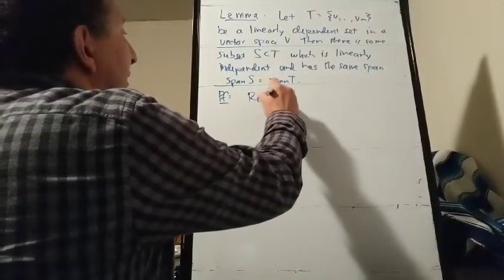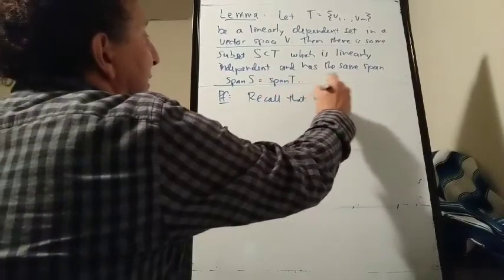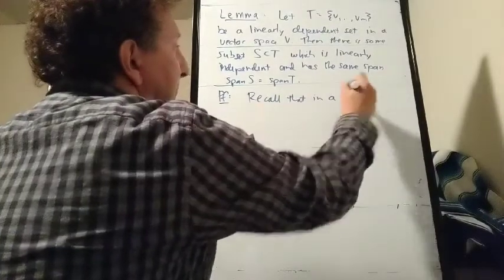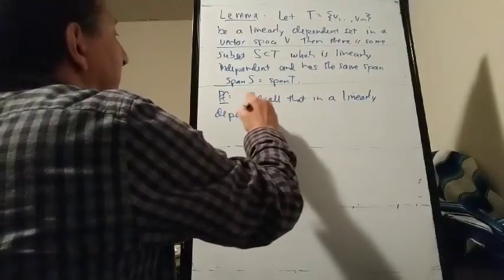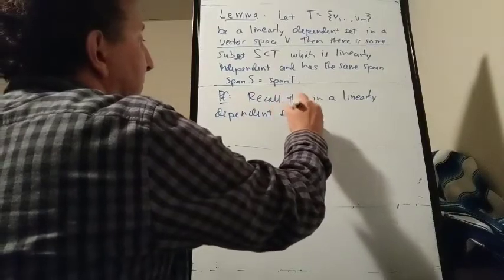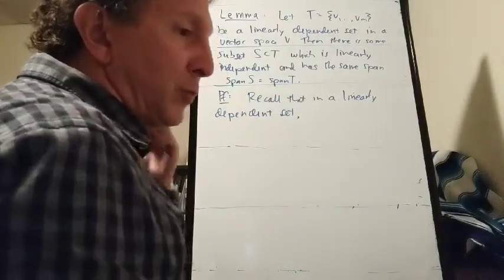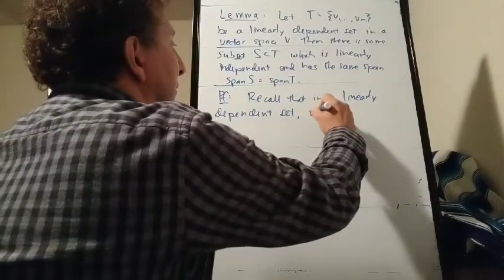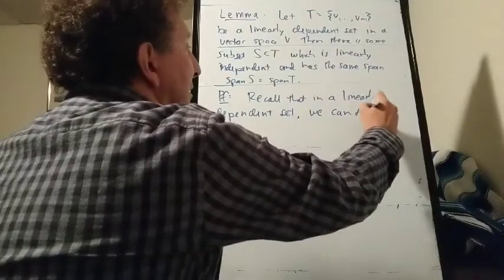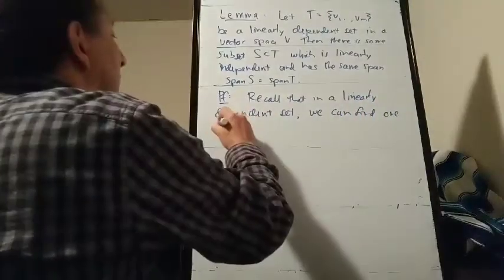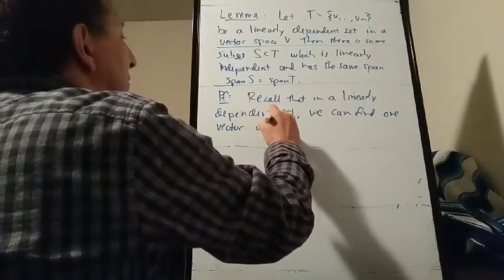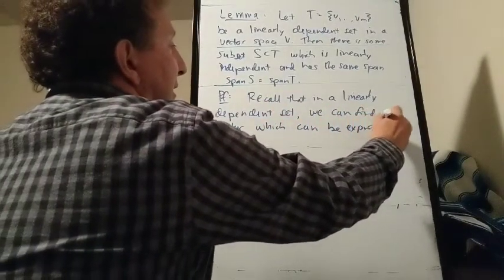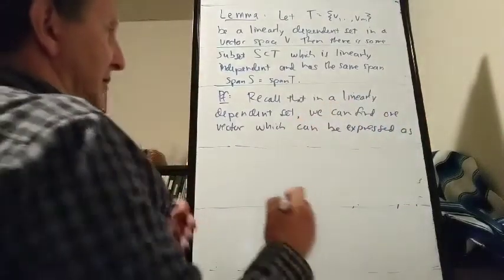So to see this, recall that in a linearly dependent set, we can always find one vector which can be expressed in terms of the other vectors. It can be expressed as a linear combination of the other vectors.